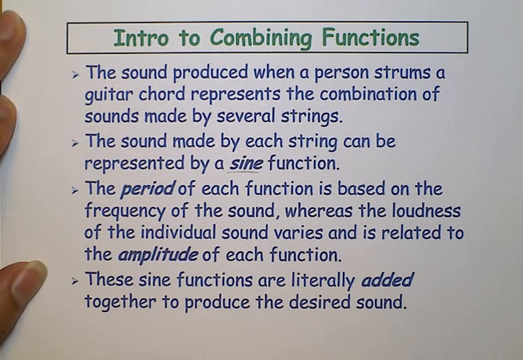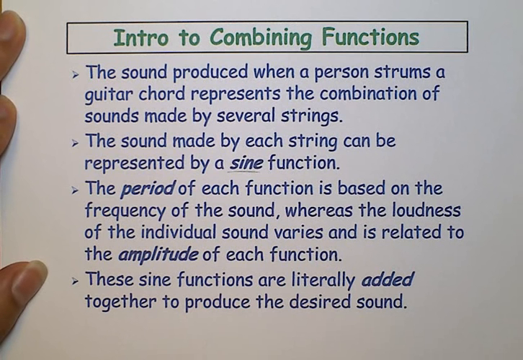So how often the sound is made represents the period of the function. Whereas the loudness of the individual sound varies and is related to the amplitude of each function. So depending on how loud each sound is, the amplitude of the function changes. So these sine functions are literally added together to produce the desired sound.